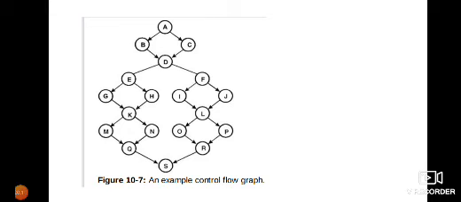A is predicate node 1, D is predicate node 2, E is predicate node 3, F is predicate node 4, then K is 5 and L is 6.